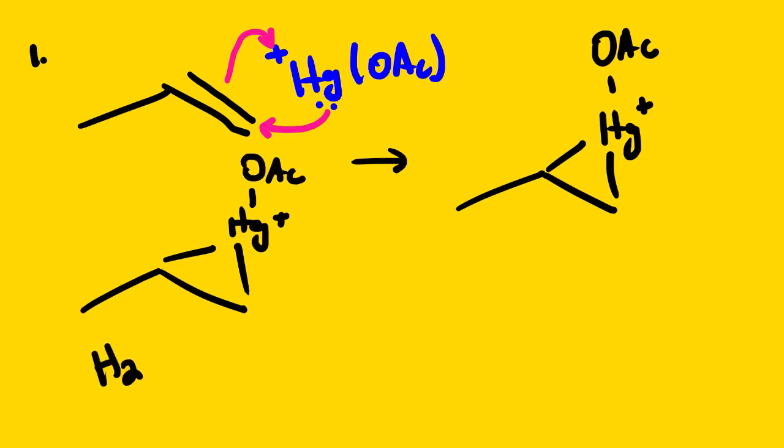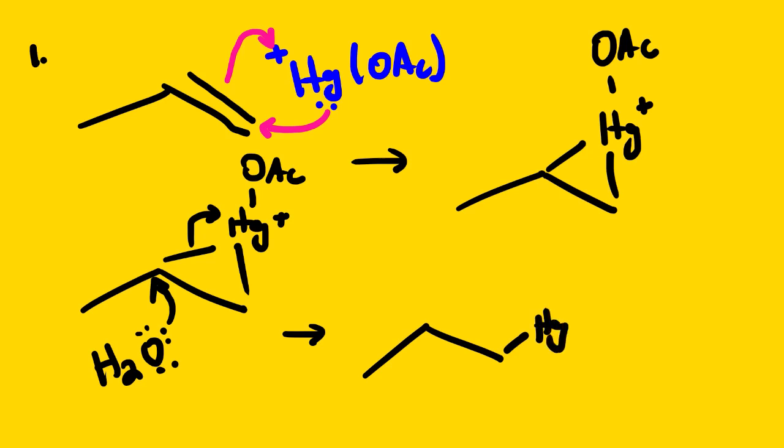Then we have our water, H2O. Then at the same time we have this movement of electrons here to form, here we have Hg, OAc, and then here we have OH.